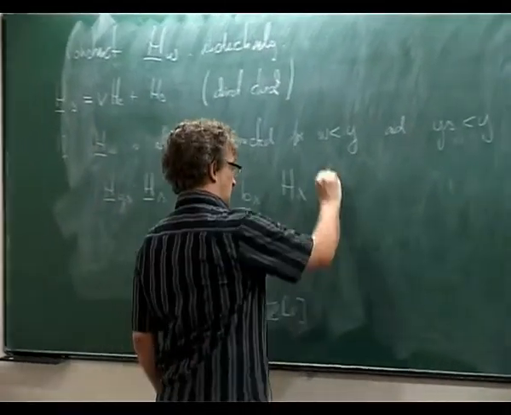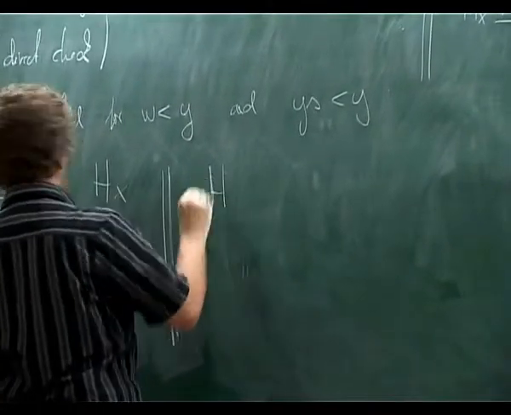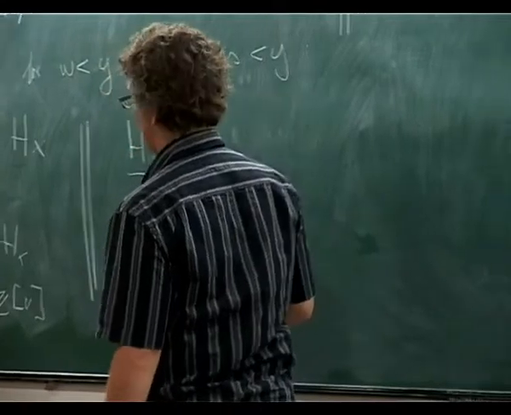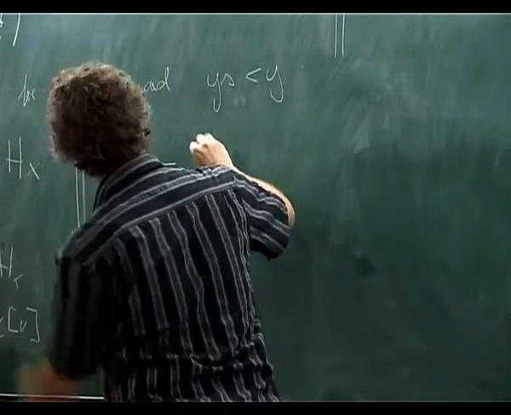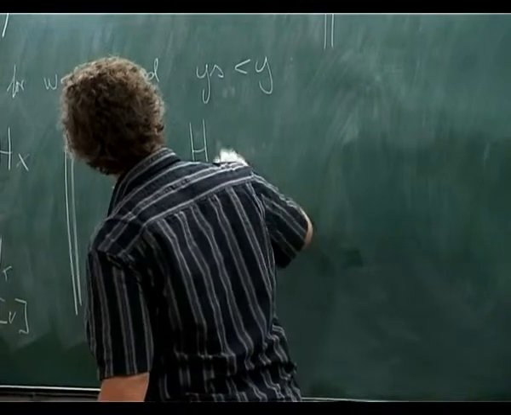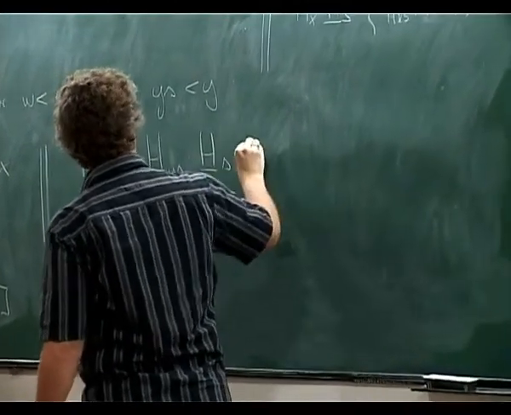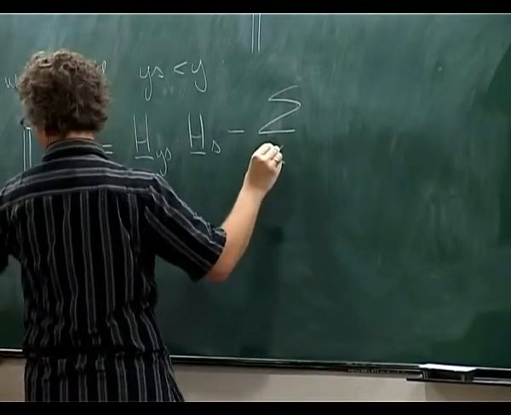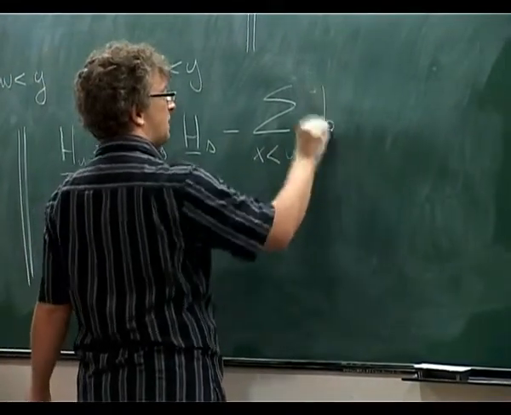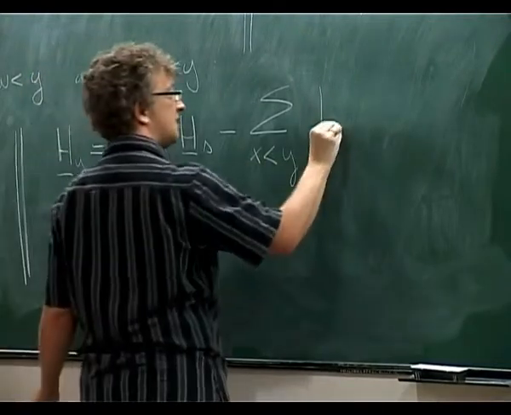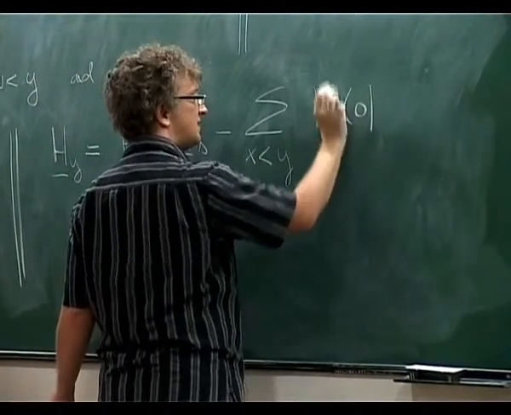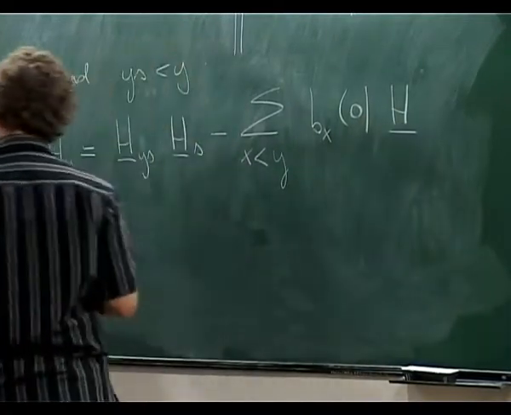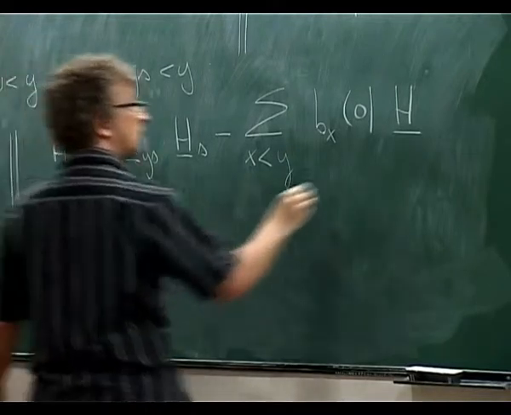And now I claim that h_y underline is constructed as follows. You take this product h_ys times h_s, and you subtract the following sum: x smaller than y, b_x, you evaluate this at 0, and subtract the corresponding h underline x.